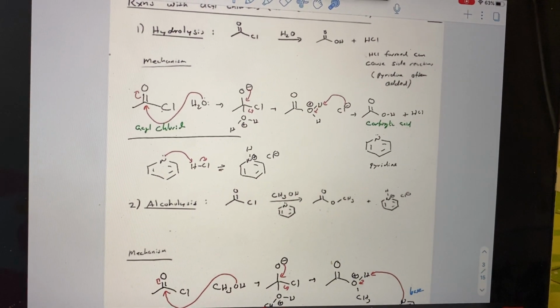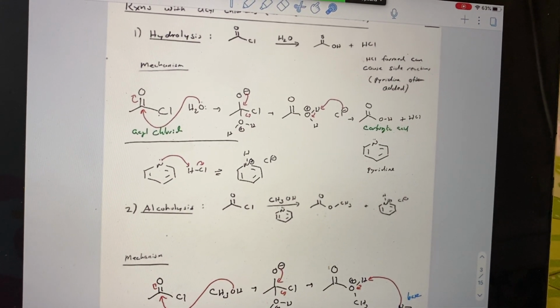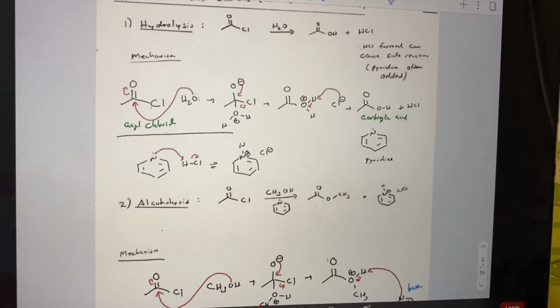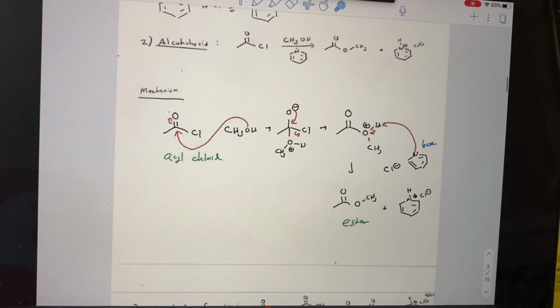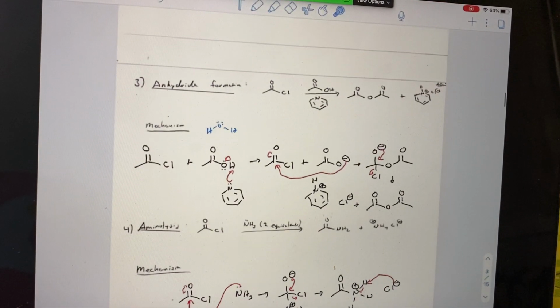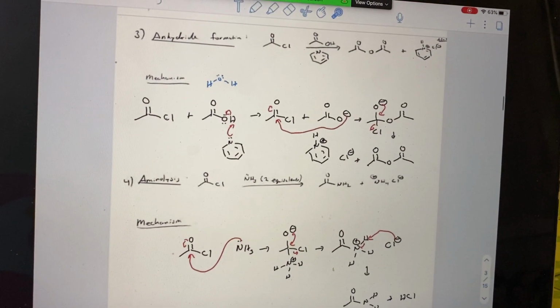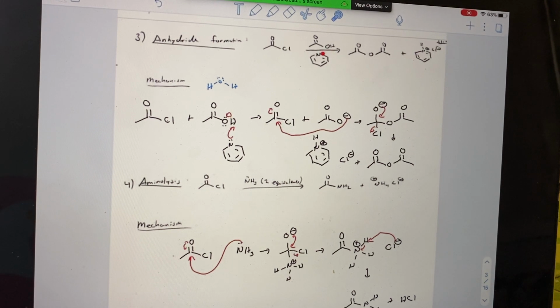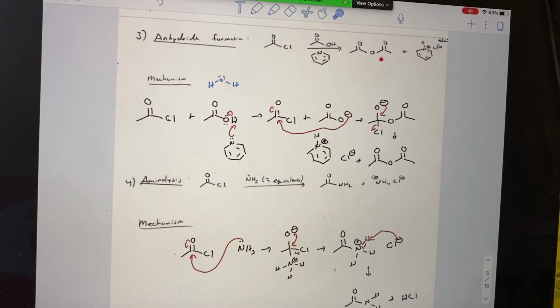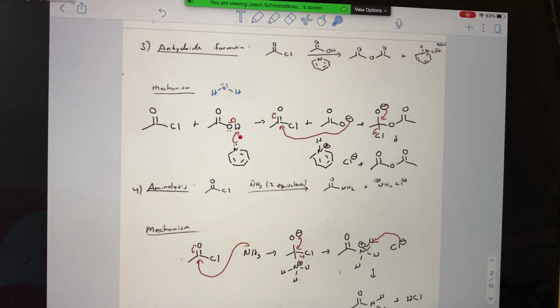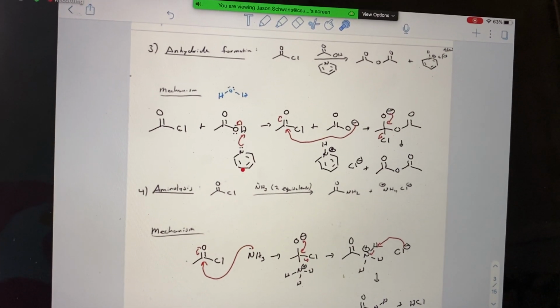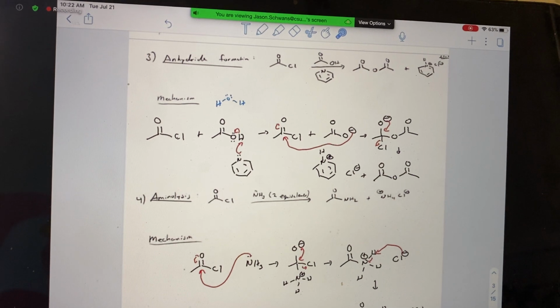We saw the parallel mechanisms that we can use to form a carboxylic acid up here at the top, or the ester that we have here in the middle. Instead of using those oxygen nucleophiles like water and alcohol, we could also have an oxygen nucleophile that's a carboxylic acid on the top here to form the anhydride. And here the slight twist is that we first deprotonated the carboxylic acid to make it a better nucleophile. And we use pyridine as a base for that.